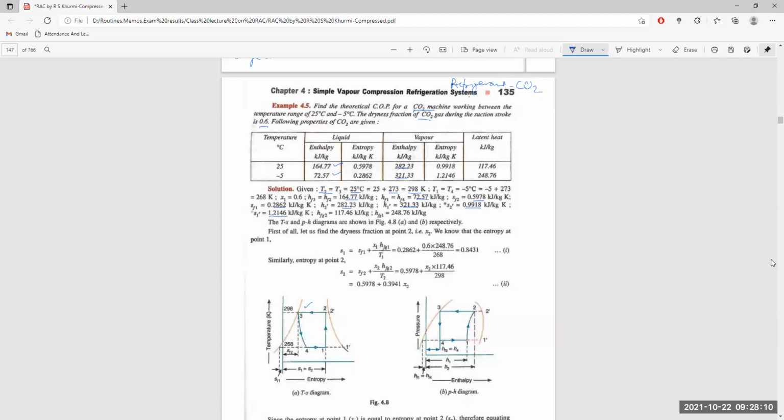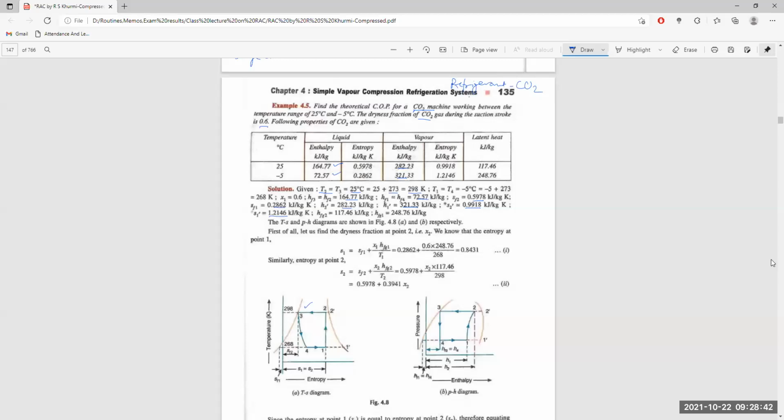HFG2 is 248 and HFG1 is 248 here, and HFG2 is 177. This is the enthalpy, I mean the latent heat of evaporation here, and condensation here.